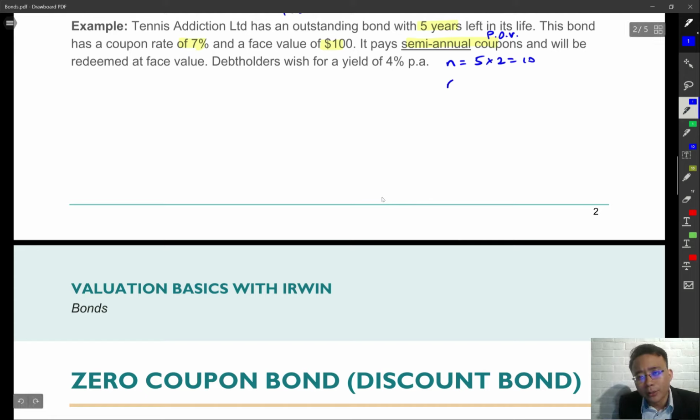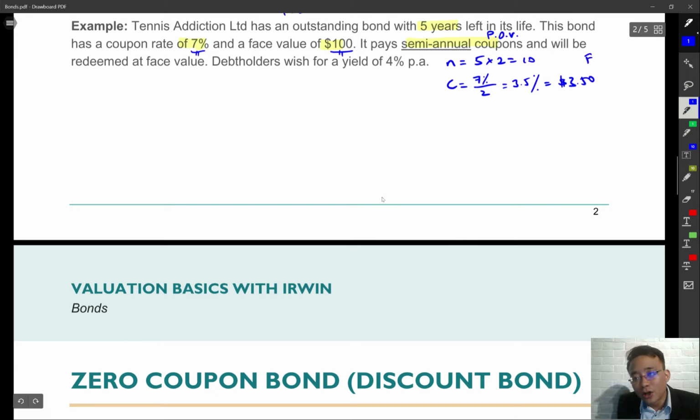Your coupon, initially it was stated to be 7%. That has a yearly style to it. I want it semi-annual. So 7%, since it is yearly, I divide by 2, my coupon is now 3.5%. Converted into money, it is 3.50, which is 3.5% multiplied by the face value of $100.